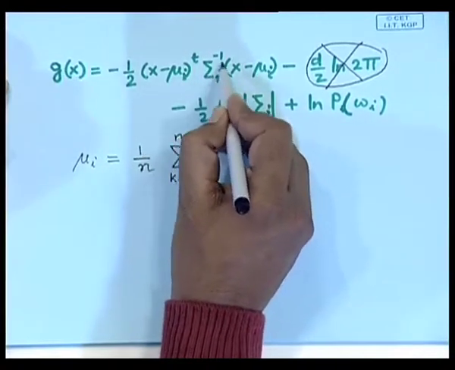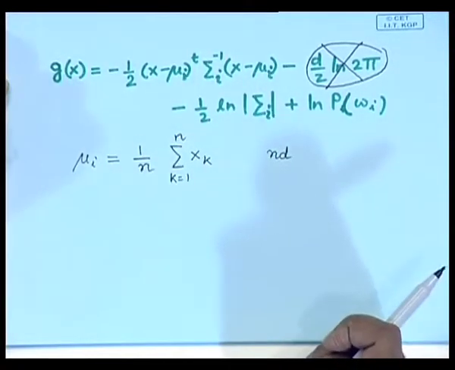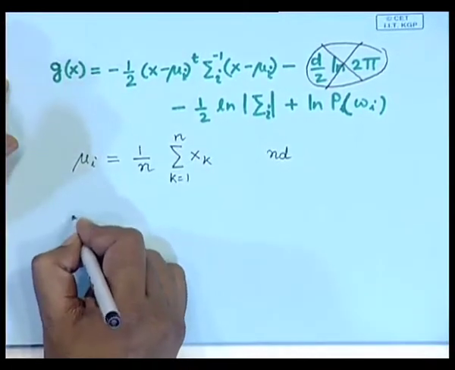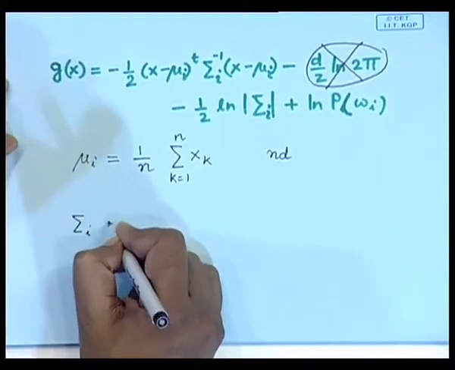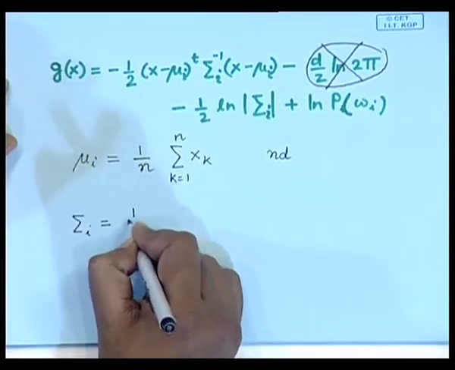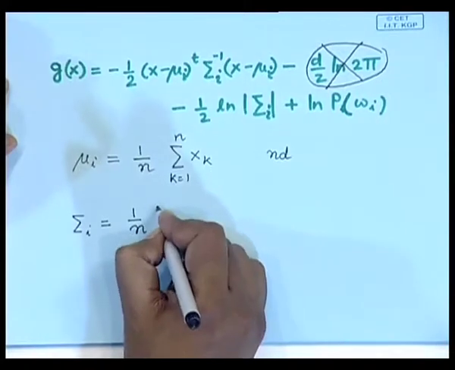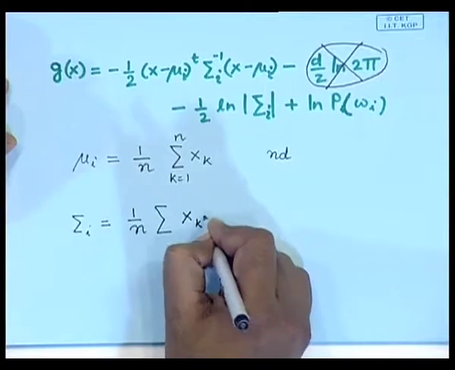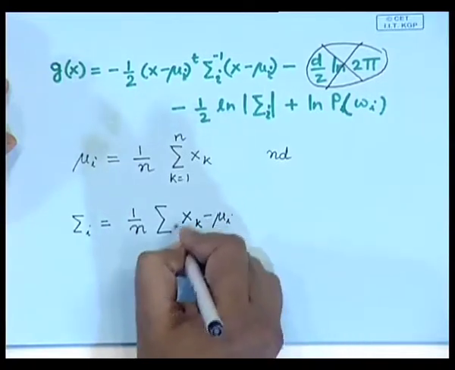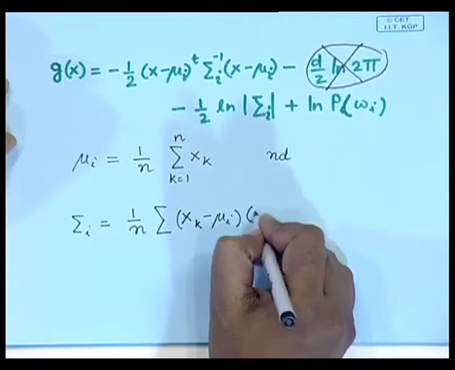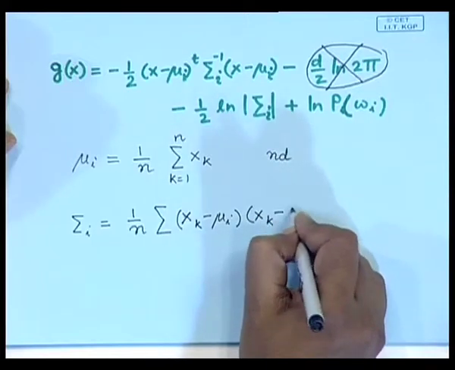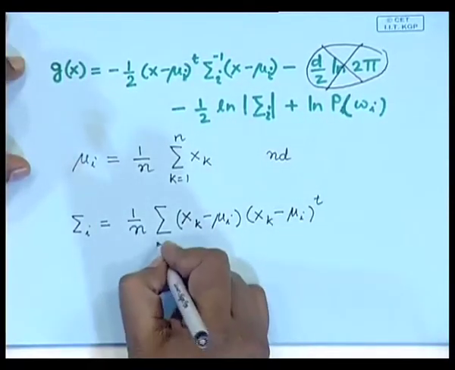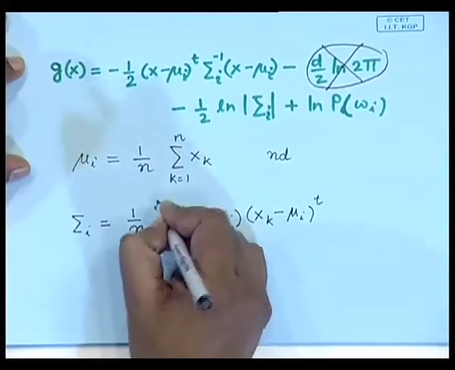Now, coming to the other term, the computation of sigma i or sigma i inverse. The definition of sigma i was 1 over n into summation of (x k minus mu i) into (x k minus mu i) transpose, where k varies from 1 to n.